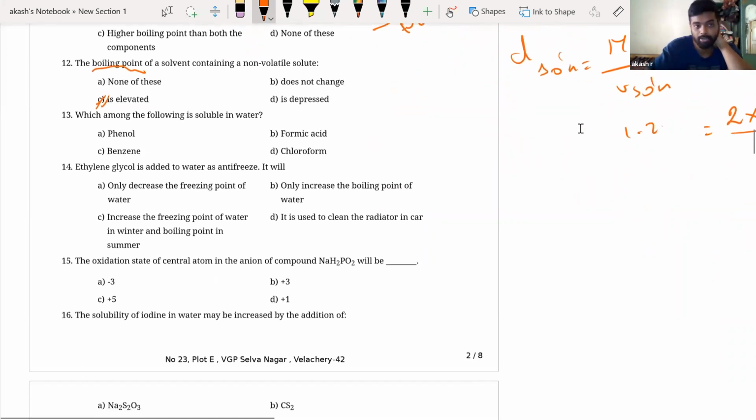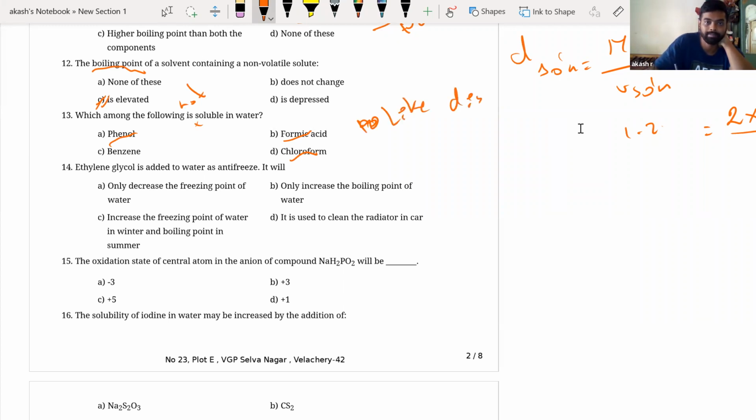Next, which among the following is soluble in water? I think the question should be which is not soluble in water, because phenol is soluble, formic acid is soluble, chloroform. How do you remember, people? Like dissolves like. That means if I have one type of substance, it will get dissolved only in that type of solvent.